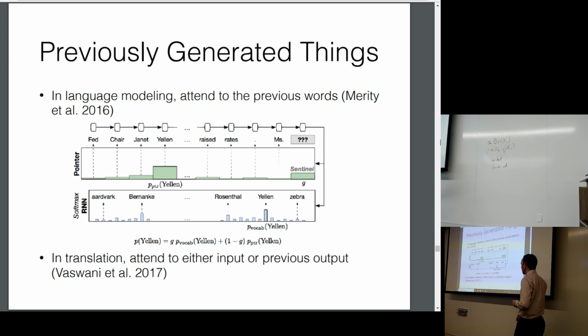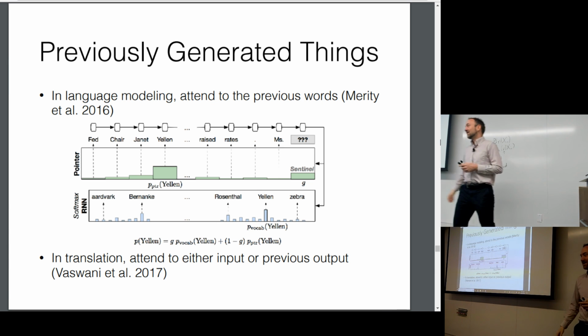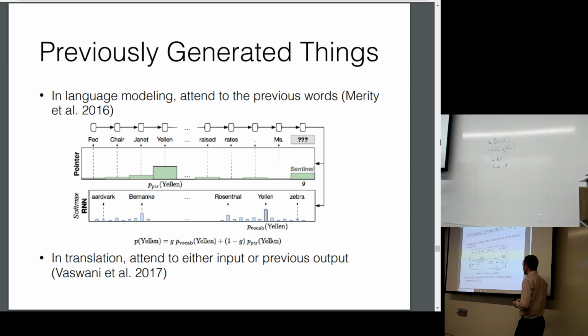But the problem is when you actually take out your phone and write your email using speech recognition like I do, it's not going to get Yellen. It's going to get something like yell on or yellow. And in those cases, unless you have some mechanism to correct the previous mistakes, it's just going to continue to do the same mistake over and over again.